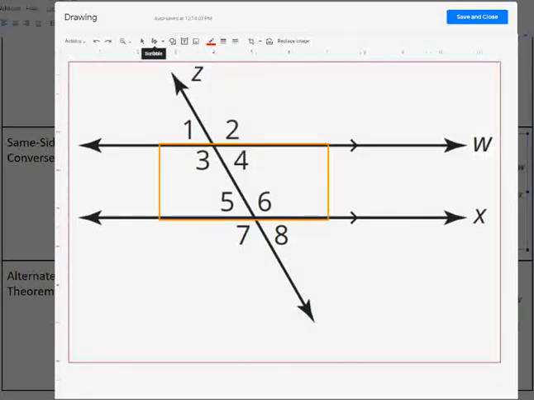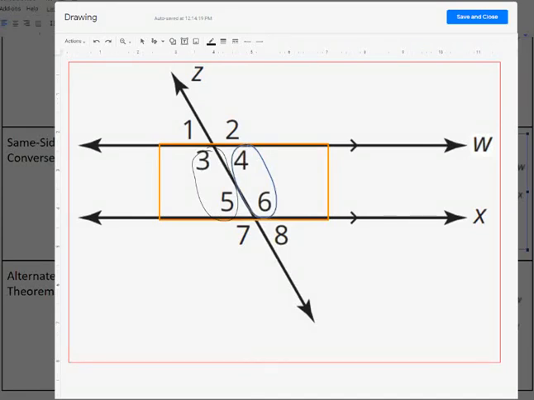So the angles that are on the same side of my transversal are angles 3 and 5 right here, and then also angles 4 and 6. Those are the pairs. And same side interior angles actually are not congruent to each other, but are supplementary.